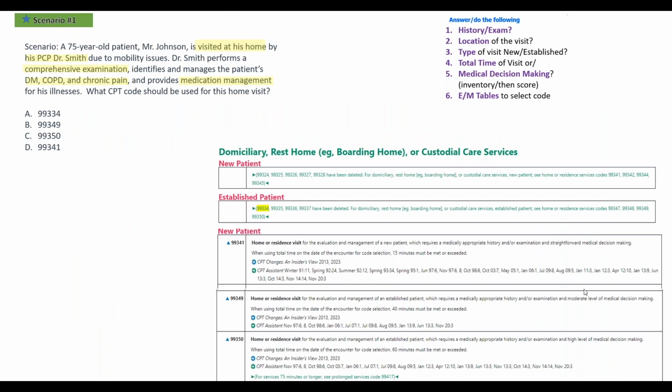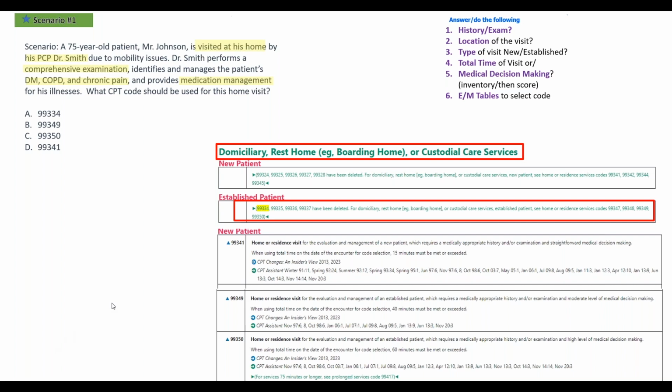This is how we start eliminating the wrong answers. Let's look into option A, which is 99334. If you search for the code 99334, we will find it, yes, over here. It is a deleted code.